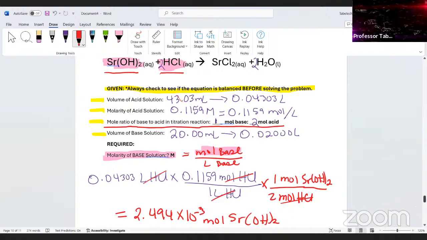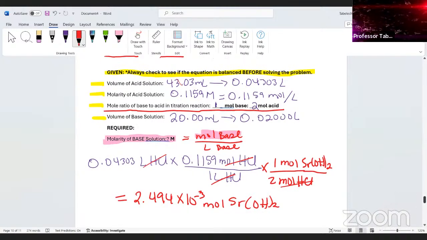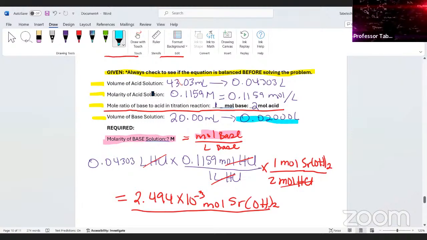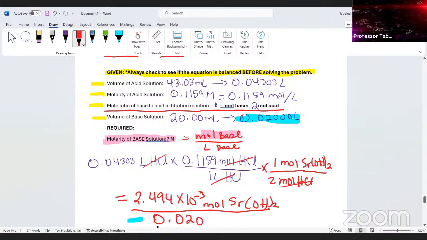And what I'm going to do last, because this is the last step right here, I'm going to divide that by this number that I'm going to highlight for you in blue. This was my volume of my base right here. So that's going to go on the bottom. I'm going to put the 0.02000 liters on the very bottom. Yes, I am dividing moles by volume.